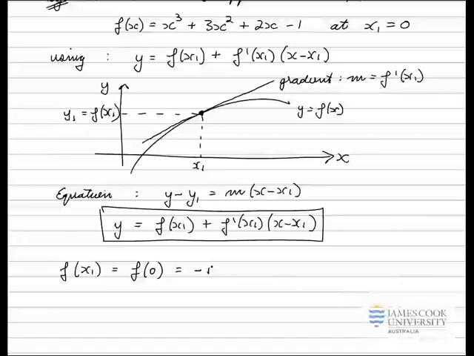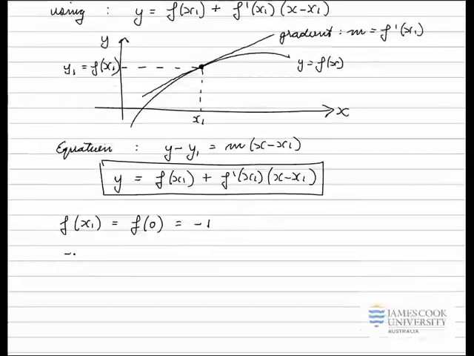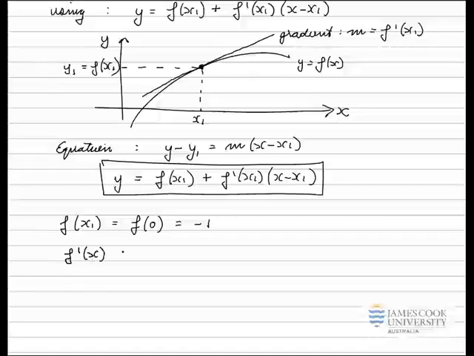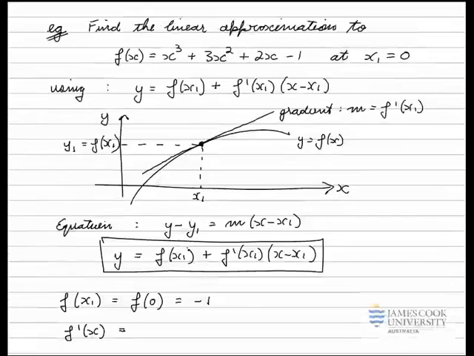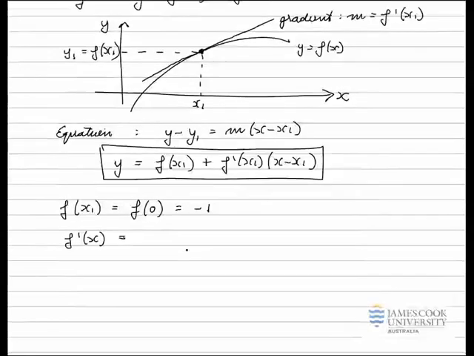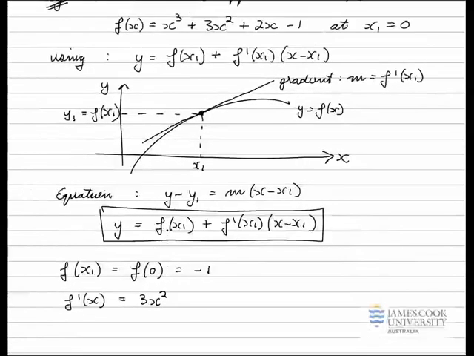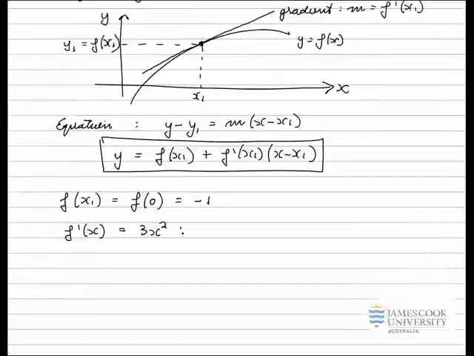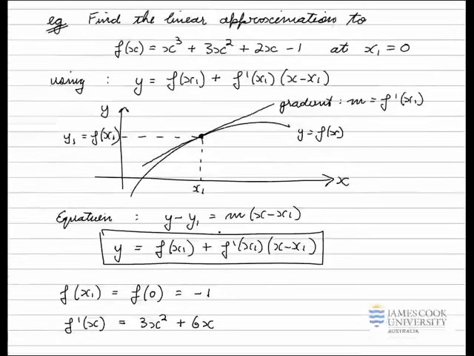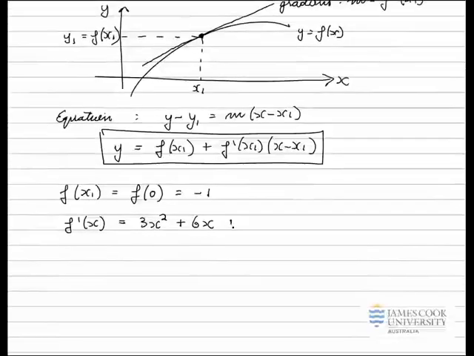I also need the derivative of the function and then evaluate it at x1. So differentiate the function first. F dash of x is equal to, I'm differentiating the cubic, derivative of x cubed is 3x squared. The derivative of plus 3x squared is plus 6x. The derivative of plus 2x is plus 2.